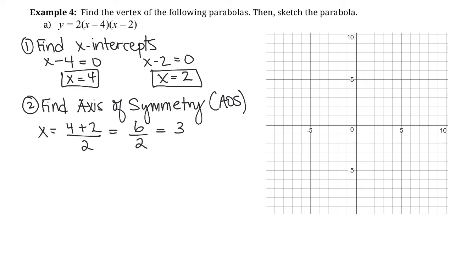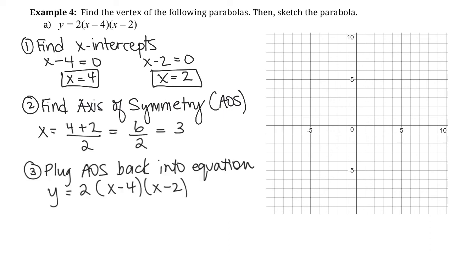Our last step is to take our axis of symmetry value and substitute it back into the original given equation. So I've recopied the original equation. And now everywhere we see the letter x, we're going to replace it with our axis of symmetry value, which we calculated to be 3.